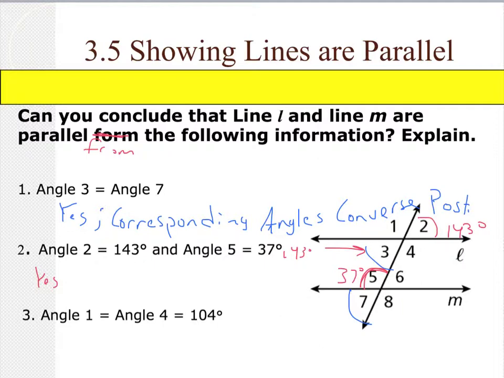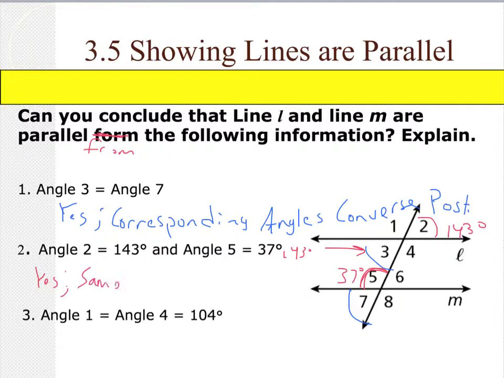So we know that angle 3 is 143 degrees, and we know that angle 5 is 37 degrees. If we took those two angles, what type of angles are those? Those are going to be your same side interior angles.